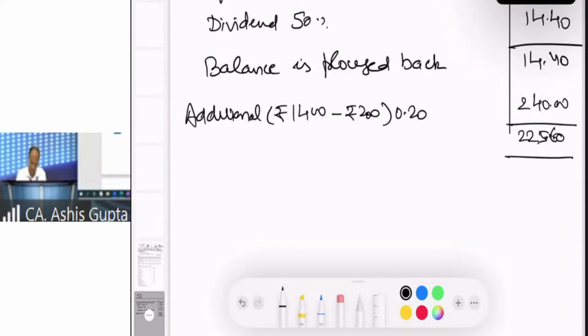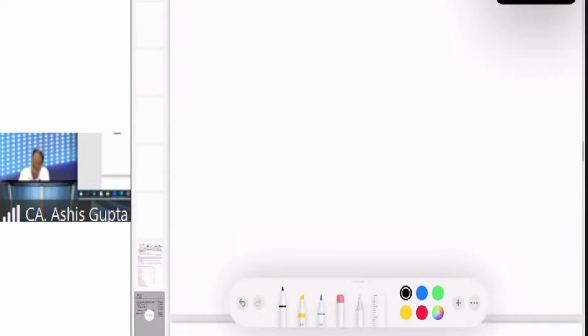Anyway, alternatively we can also calculate with the formula.